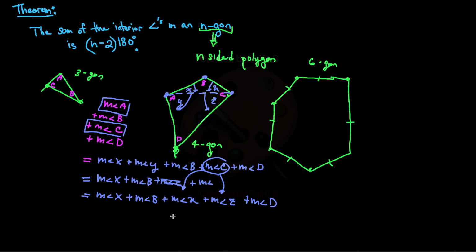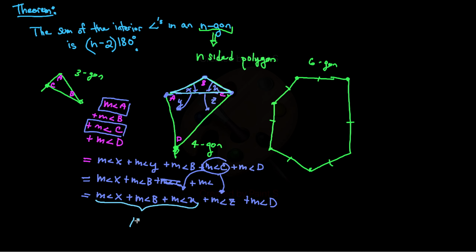Now if we look at this, it should be clear that we know the sum of the interior angles of any triangle is 180. So measure of X plus measure of B plus measure of U, you see that this forms a triangle here. We know that the interior angles sum to 180.